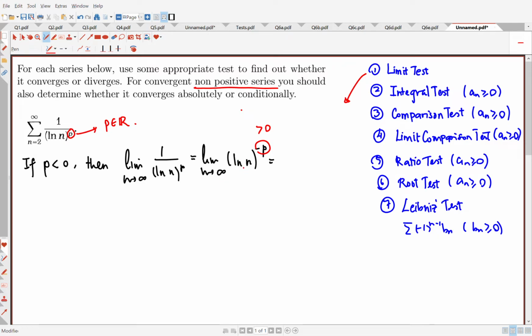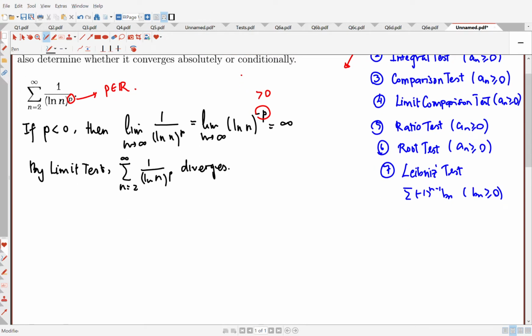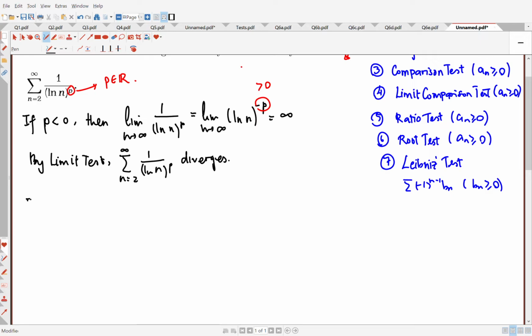So as n tends to infinity, this will tend to infinity, right? So by limit test, the sum diverges.